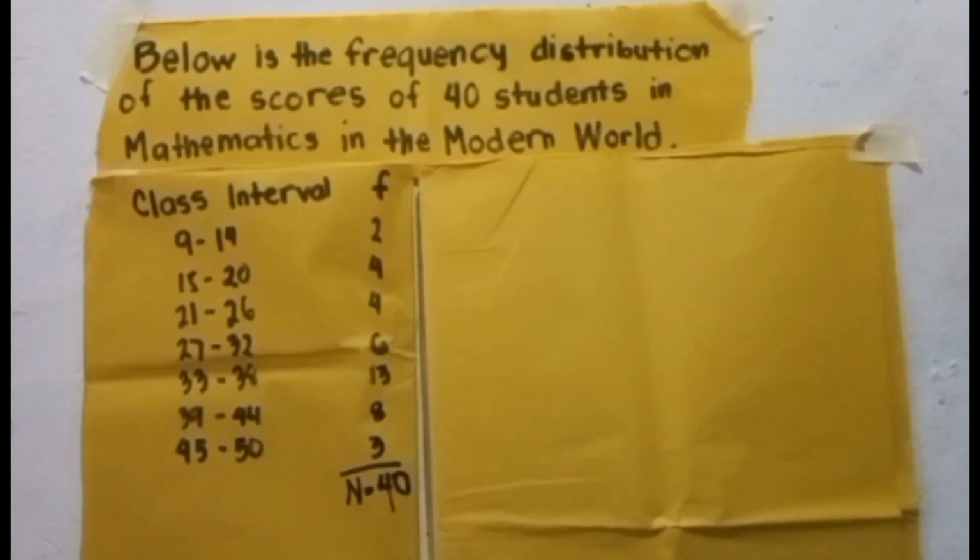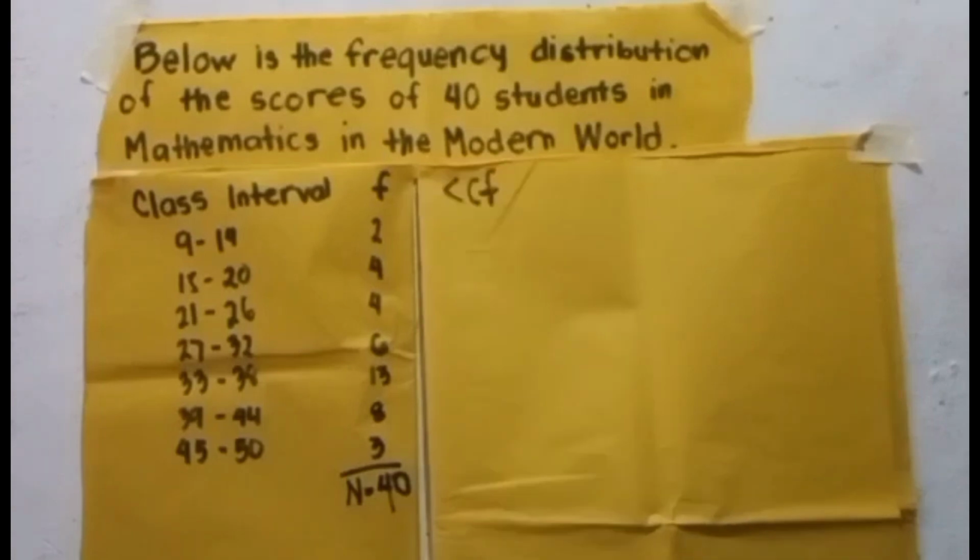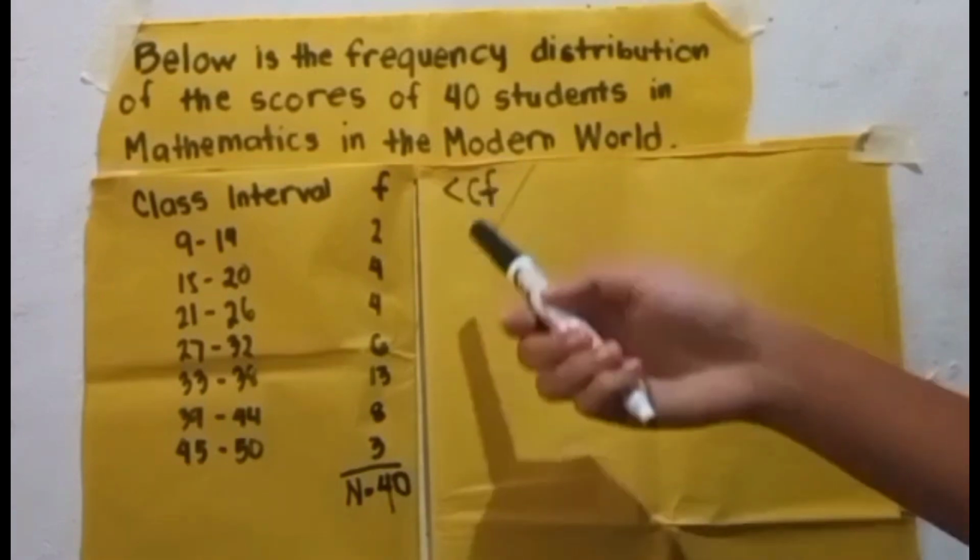In finding the less than cumulative frequency, we add it by the frequency. So here, since we have no value of less than cumulative frequency, let's imagine there is a 0 above.